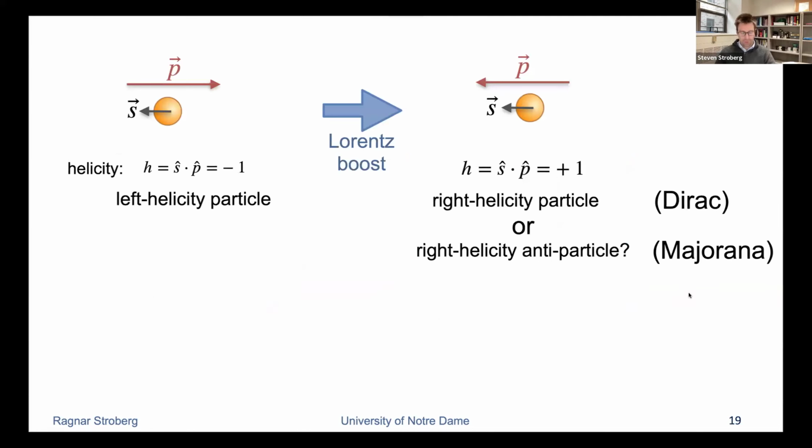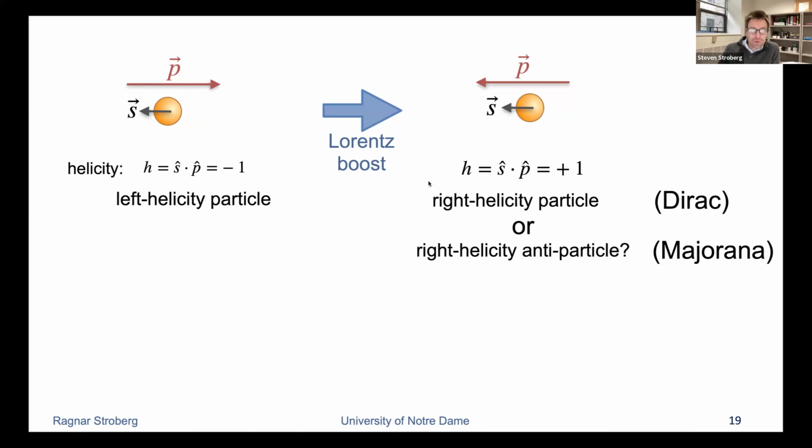So it's possible that maybe they don't even exist. Another way of thinking about this is, here we have a spin and momentum. This is more what I had in mind when I'm talking about handedness, but specifically it's called helicity, where you take the dot product of spin and the momentum. In this case, they're pointing in opposite directions, and so this would be helicity -1. Now you can imagine Lorentz boosting.